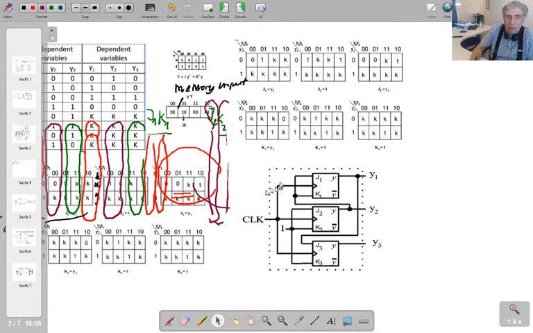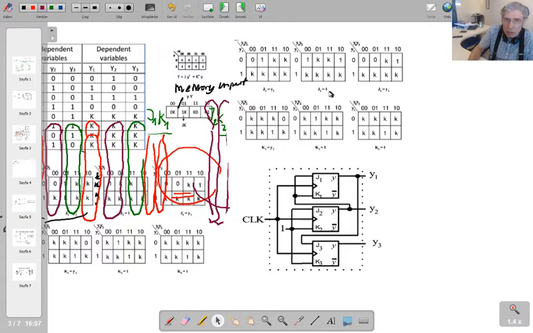Then we are able to draw now our circuit. If you know the memory element inputs, you see J1 is Y2, J1 here is Y2. K1 is, what is this? That one is also Y2. You see, here it is connected to Y2.